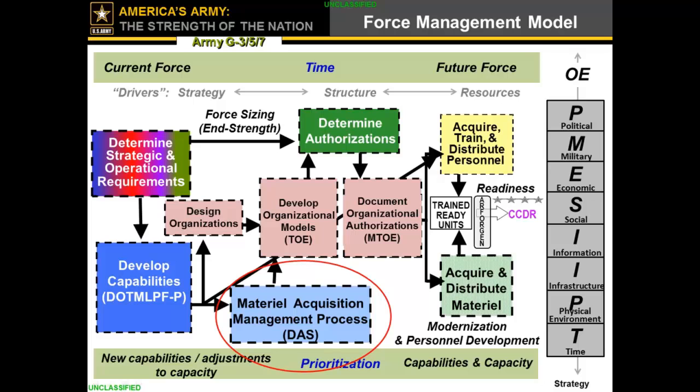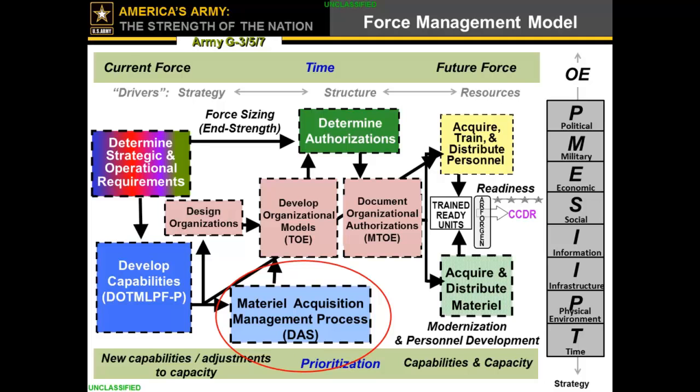All right. So our force management model, which we're all familiar with at this point, we're down there, the red circle, the military acquisition management process. So F101, where we had those requirements, F102, when we found we had capability gaps to complete those requirements, then we came up with, hey, we need to come up with a .mil PFP solution. If we went with an O, we did the design organizations for 103 Alpha, 103 Bravo, where we determined the authorizations for those organizations.